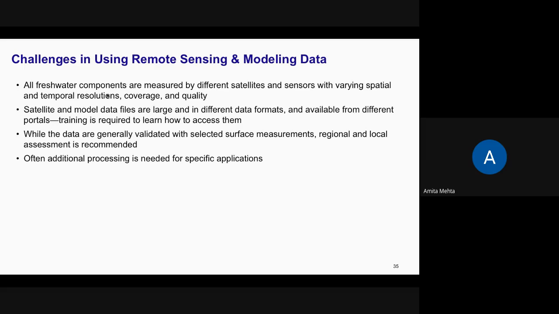Some of the challenges to use this data are, and again, this is focusing on water, but that's any climate data that we talked about. They're from different satellites and sensors, which have varying spatial and temporal resolutions and coverage, and quality also differs. So it's not easy. There is a little bit of learning in using each and every data set and understanding what the quality and accuracy of these data is.